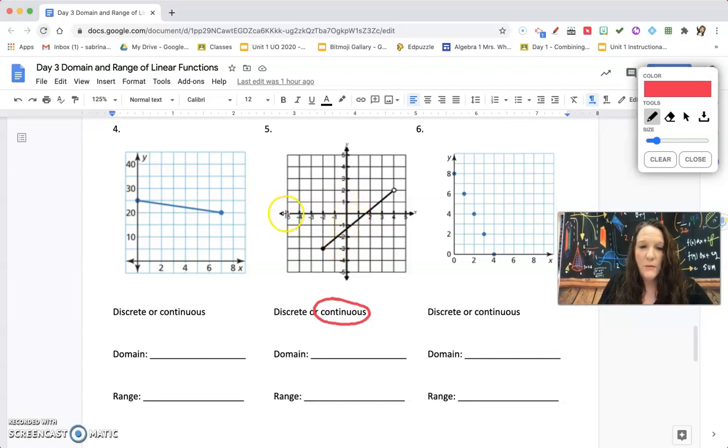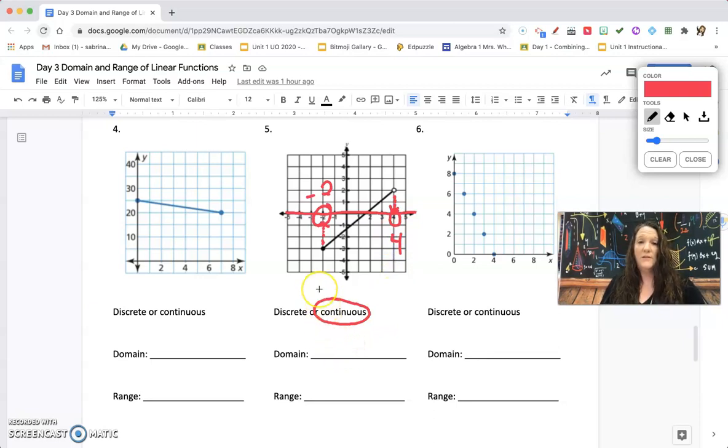So the first one, we want to look at the x-axis. So we're going to look all the way to the left. Here's the beginning of the graph, and we're going to go to the x-axis, and it's at -2. Then I go all the way to the end of the graph. There's no graph over here. It stops right here. We're going to come down to the x-axis, and it's at +4.